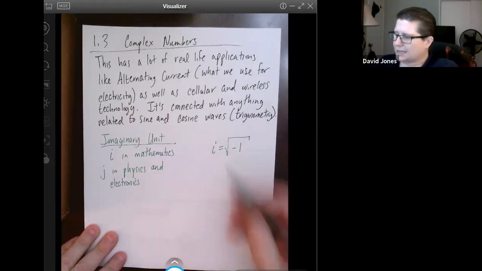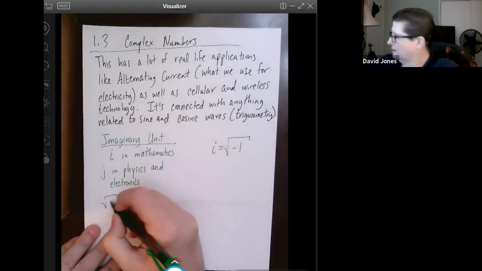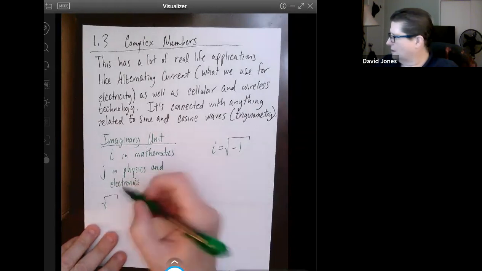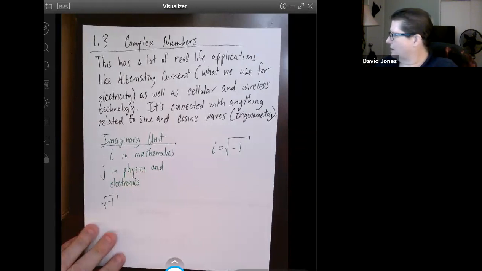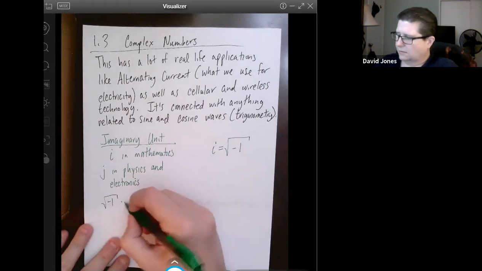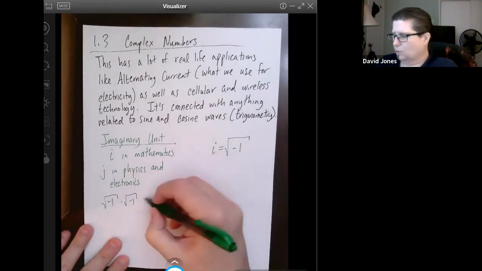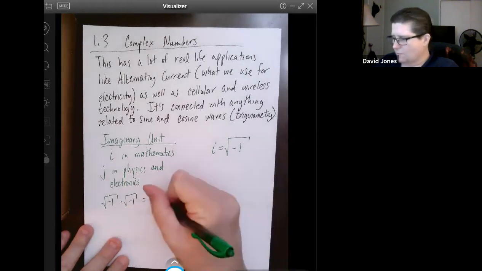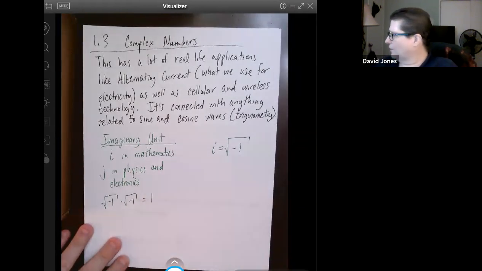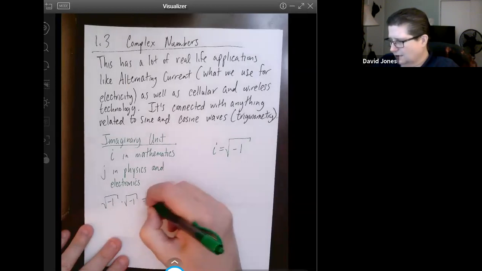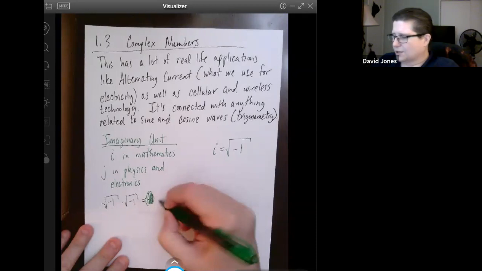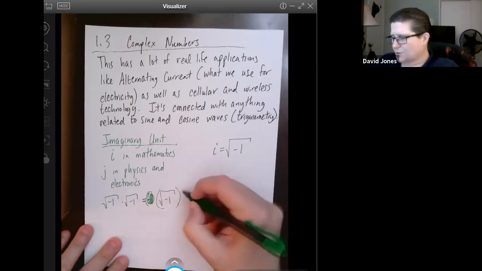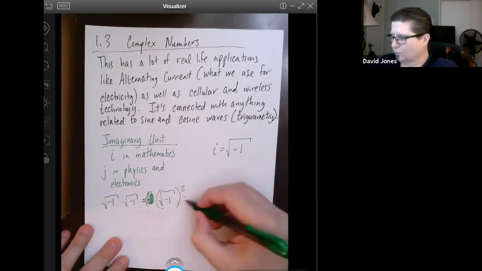If we do i times i, that equals -1. Let me put it this way. The square root of -1, squared, equals -1.